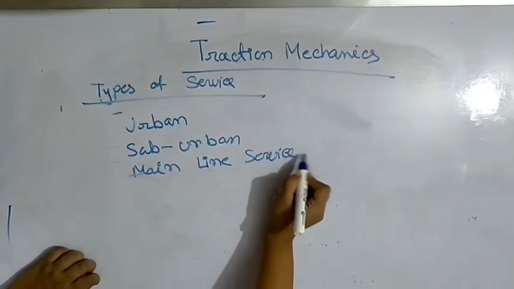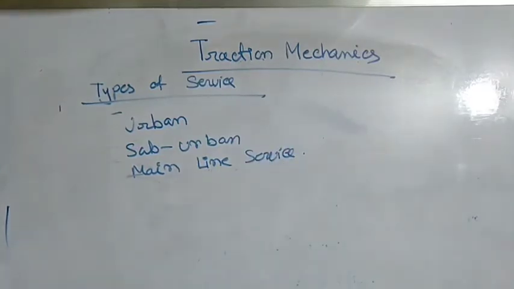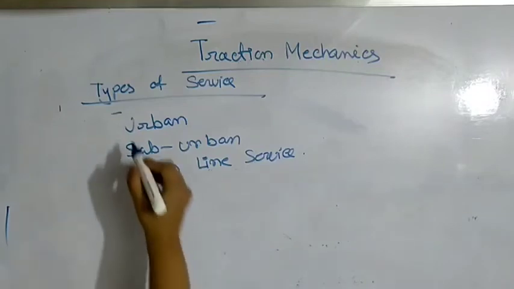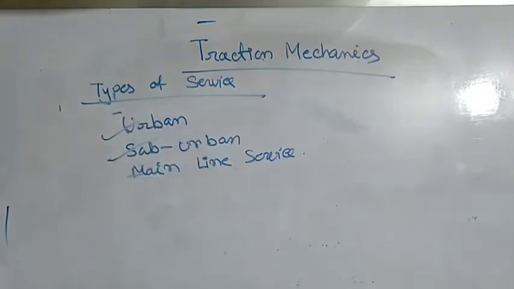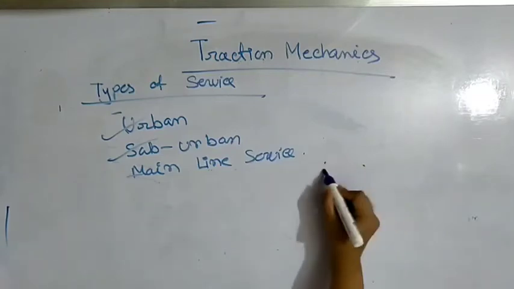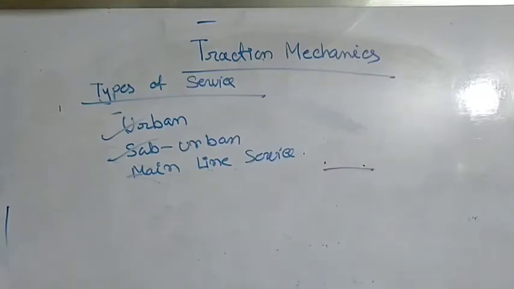Now in urban and suburban service, the distance between the stops is very small, and a fast speed schedule can only be achieved with high acceleration and braking. And this is made possible by the use of equipment developing high tractive effort.